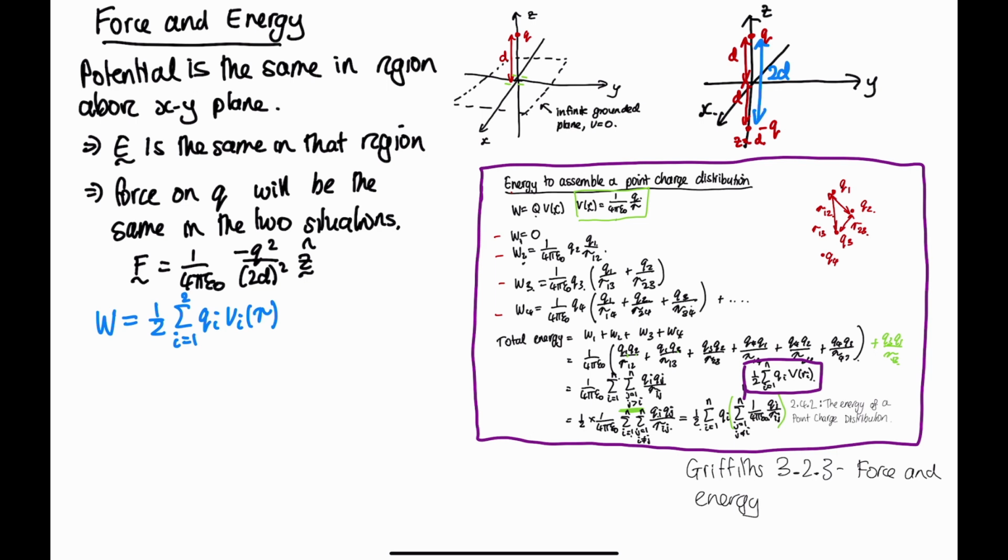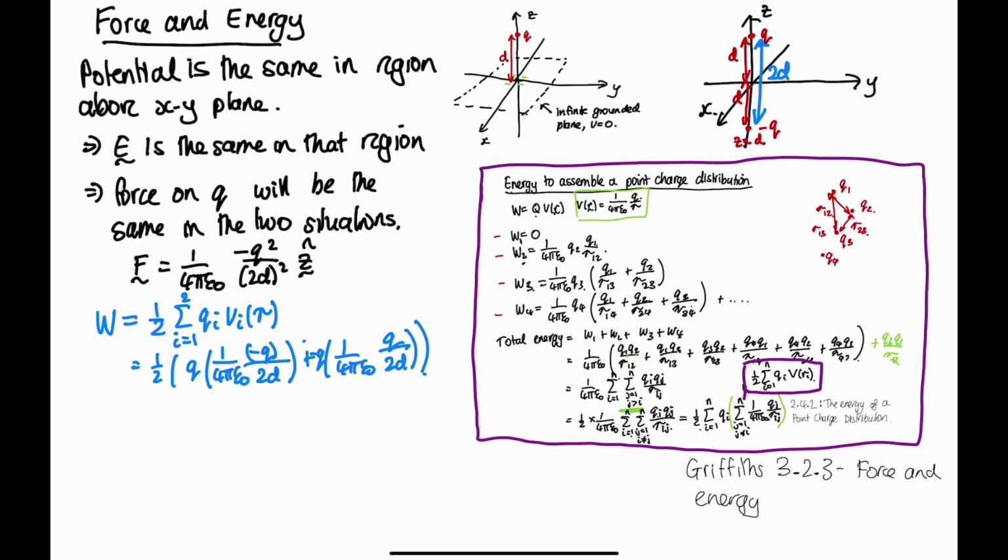So in this case, this is equal to a half. There's this charge up above, which is Q, and it's in the potential of the charge below. So that is 1 over 4 pi epsilon naught, minus Q divided by the separation between them, 2D. And then we've got the placing of the charge below, which is minus Q, and it's in the potential of the charge above, which is Q over 2D.